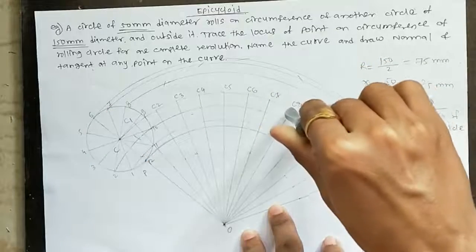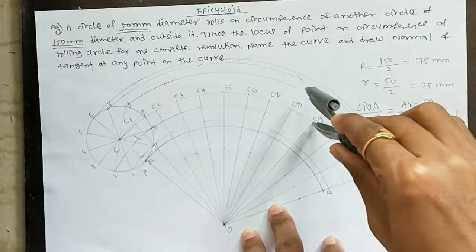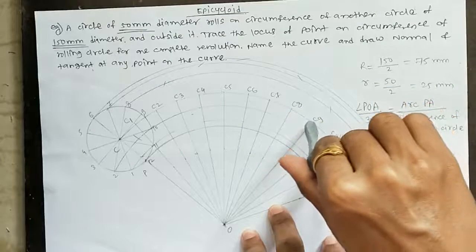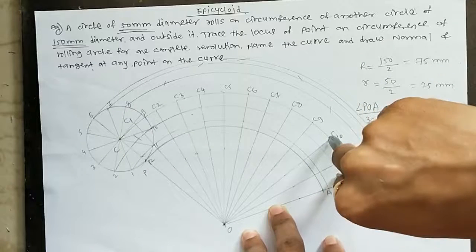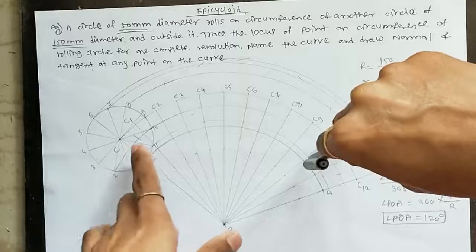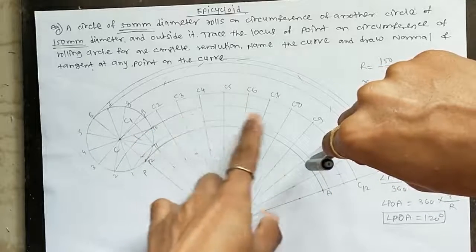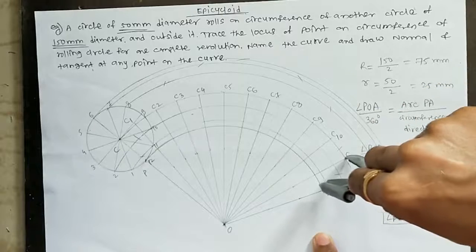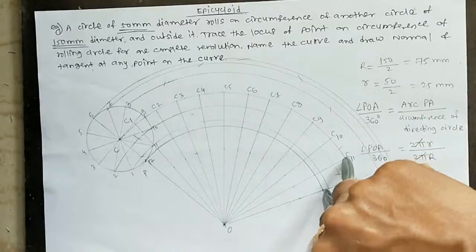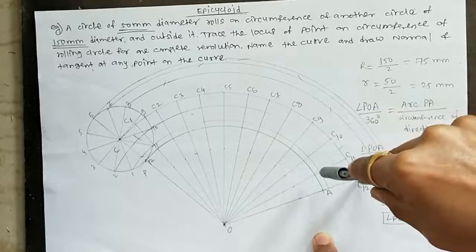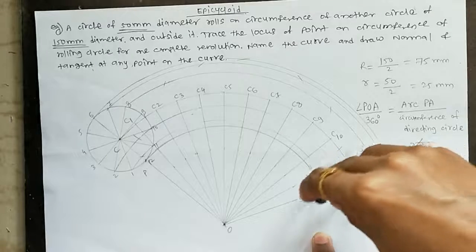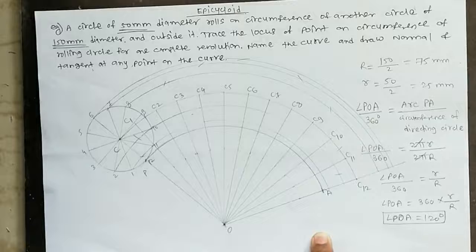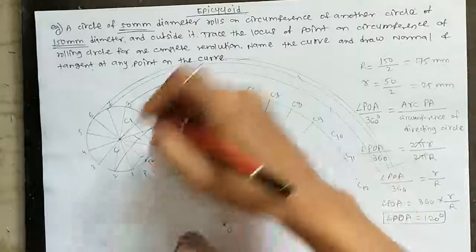Then point C8, point C9, point C10, draw curve and draw arc on curve passing through point 10. Then arc C11 and then from taking C12, which is the point A. So we have got all these points.